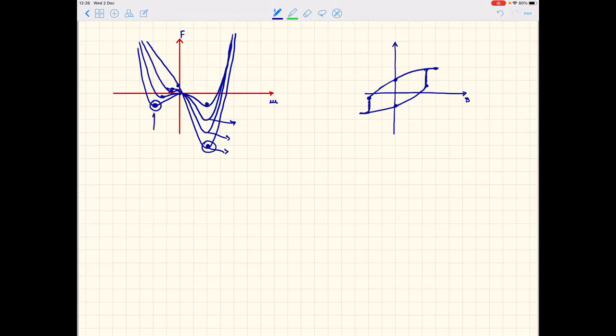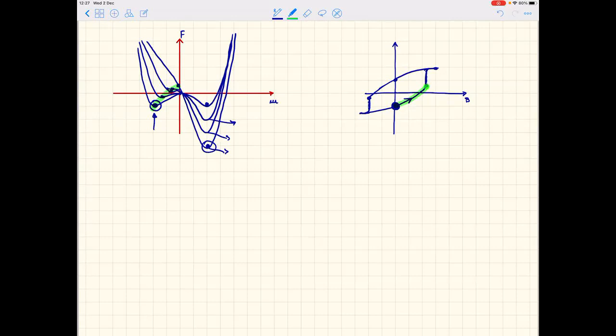If your system was sitting here, which means that you had negative magnetization, and then you start increasing the magnetic field, it's going to move along this curve, which means it's going to move here, up to the point in which this local minimum, which is not the true minimum of your free energy, becomes unstable, becomes a saddle, and then disappears.